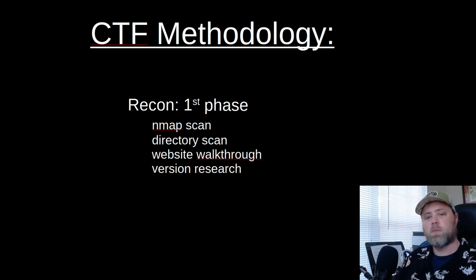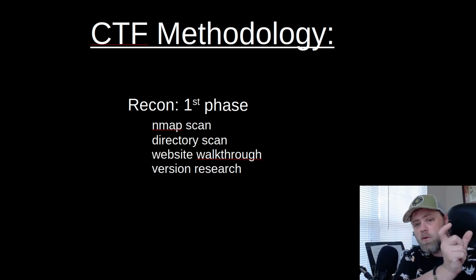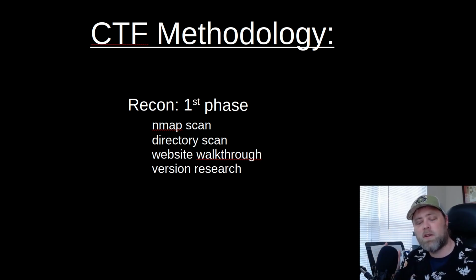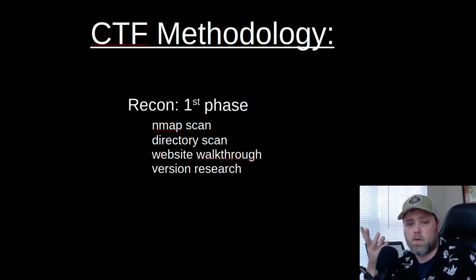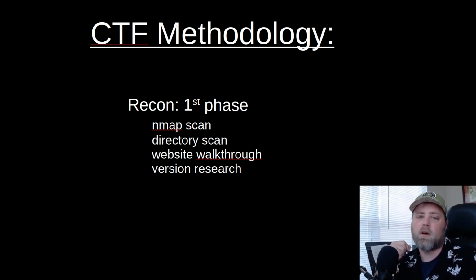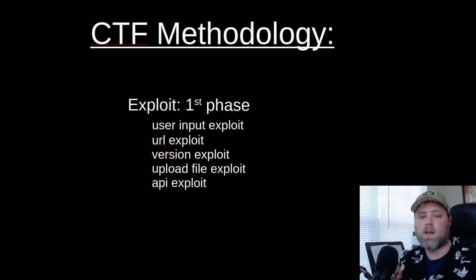You go to Google, you put in Apache, the version number that Nmap showed you, and the word vulnerability or exploit. Hit enter. That is really all you need to do to get started on looking for exploits. And that's where version research, vulnerability research comes into play and really sets you up for the next part of this cycle, which is the exploit phase.